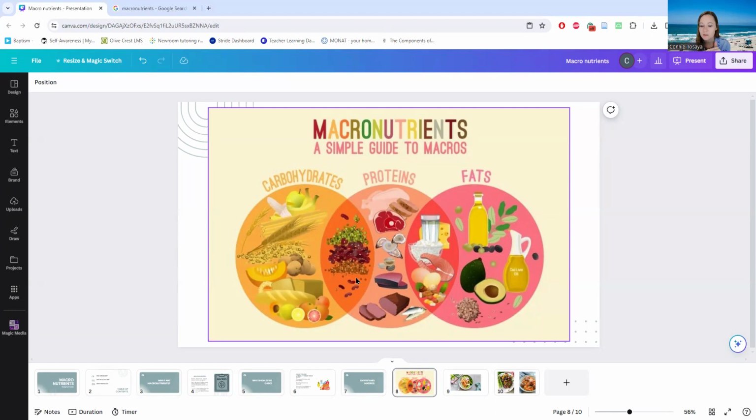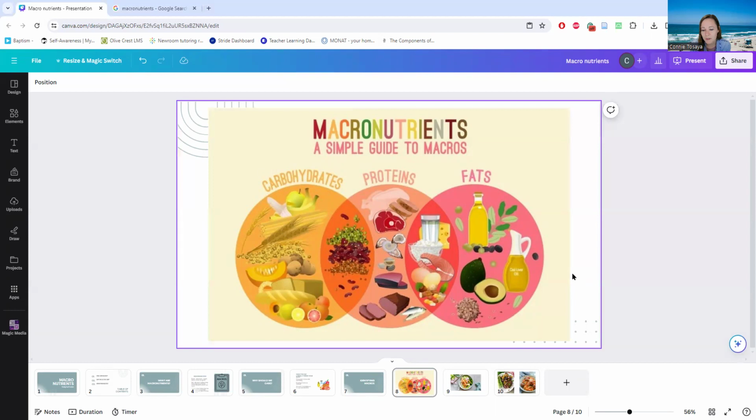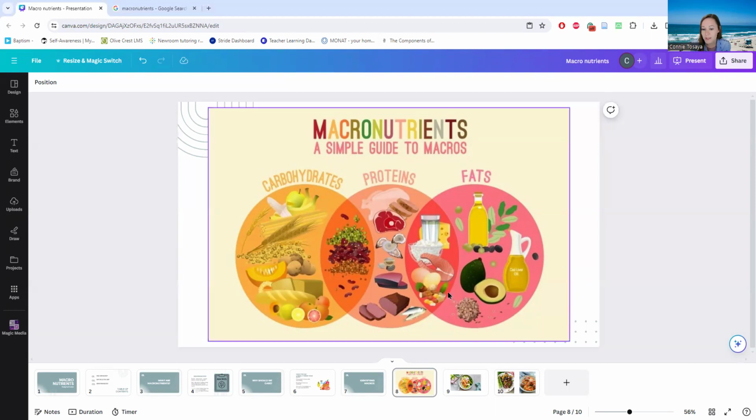Fats: cheese, milk, nuts. Those are protein containing fats, right? Cheese has protein in it. It is mostly categorized as a healthy fat. And then things that are strictly healthy fats: oils, olives, avocado, and things like hummus, and nuts and seeds. Beautiful.